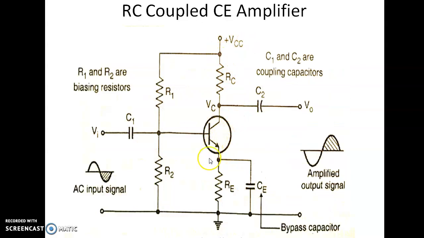What are we doing first? We are keeping base current constant, and we are changing the collector emitter voltage, and observing the change in collector current.